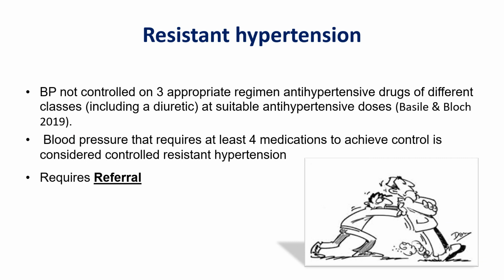Now, I mentioned the word resistant hypertension earlier. So what is that? Well, it's a blood pressure that is not controlled to goal despite adherence to an appropriate regimen of at least 3 antihypertensive drugs from different classes, and one of them should be a diuretic. So blood pressure that requires at least 4 medications to achieve control is considered controlled resistant hypertension.